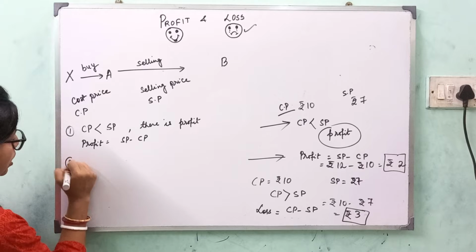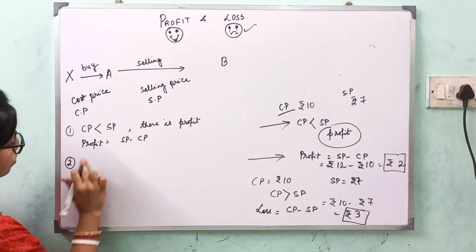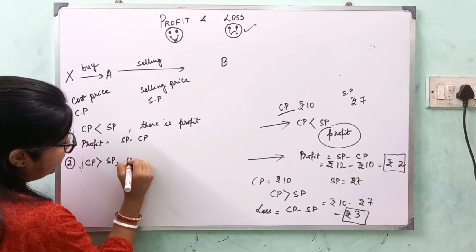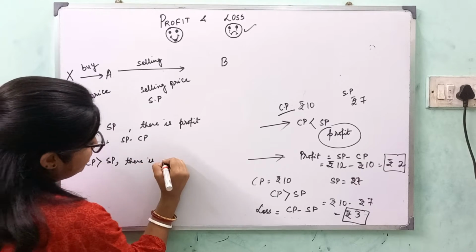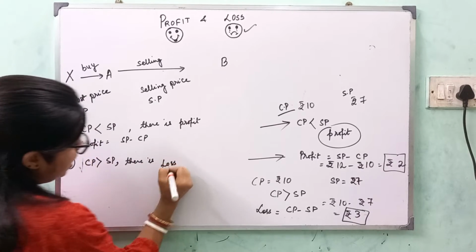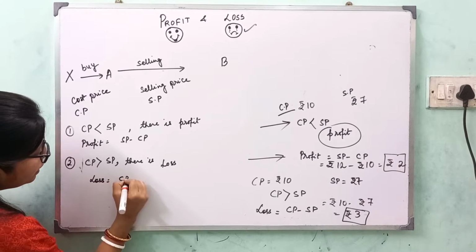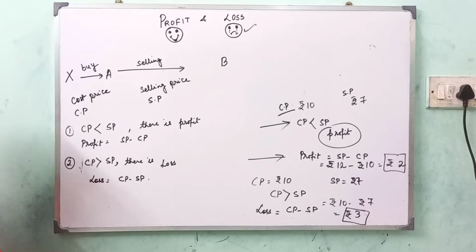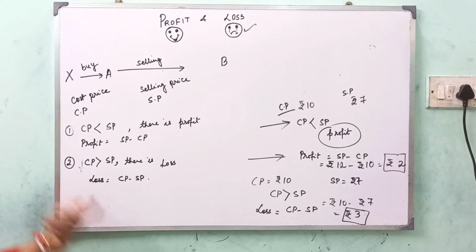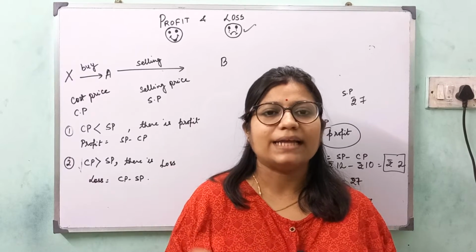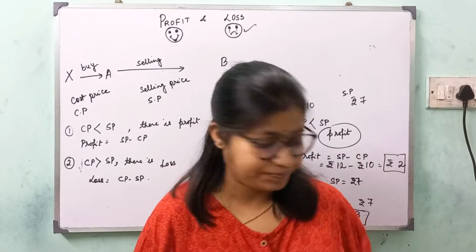And if you see your CP is more than the SP, so there is a loss. And how do you calculate the loss? Loss is your CP minus SP. So I suppose so far the concept between your CP and SP is clear.